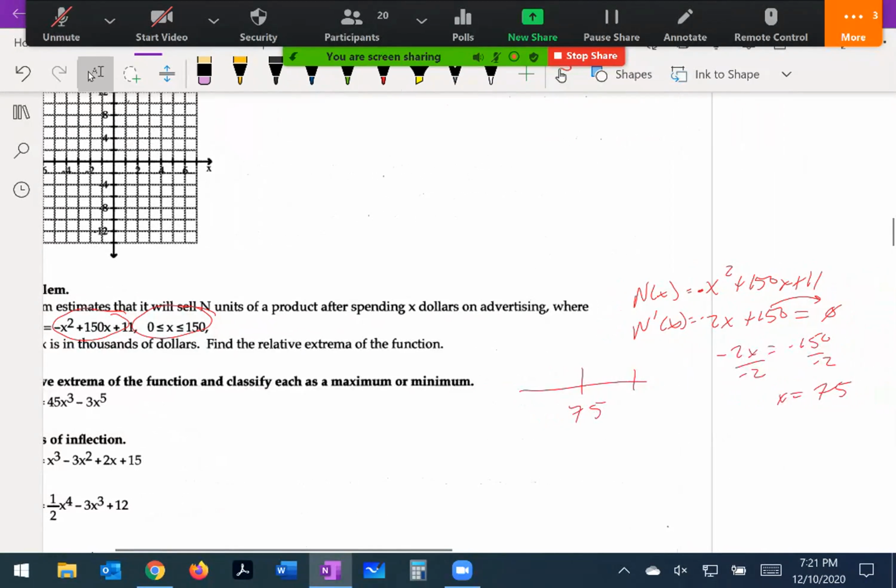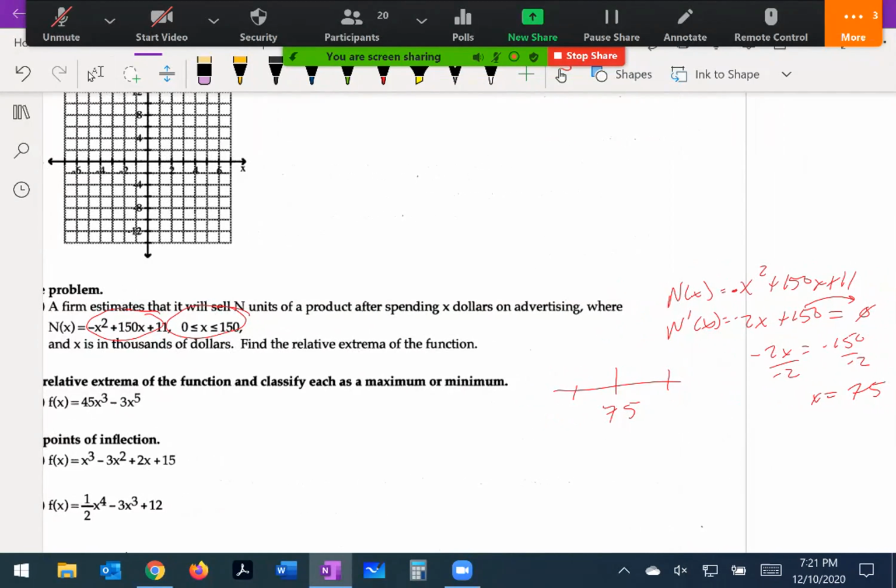So what's happening at 70 or 80? Or we can make it even easier. It only has one critical value, so maybe 0. If I plug in 0, I get positive.